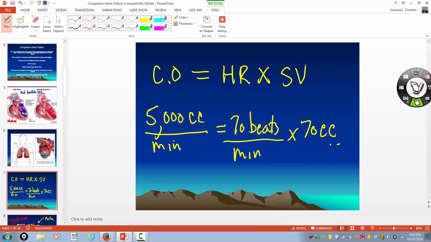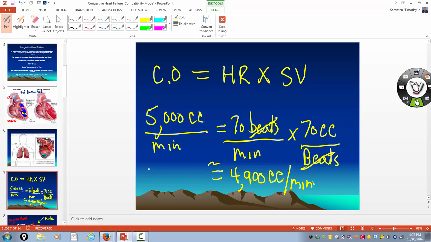Approximately 70 cc's per beat. And according to the lovely factor cancellation method that you learned in chemistry, the beats cancel out and you're left with 4,900 cc's per minute, or approximately 5,000 cc's per minute. That is cardiac output.